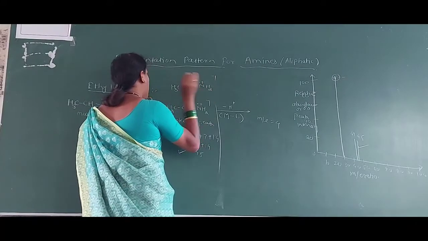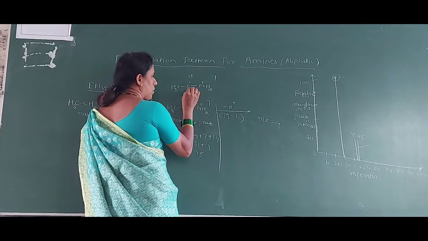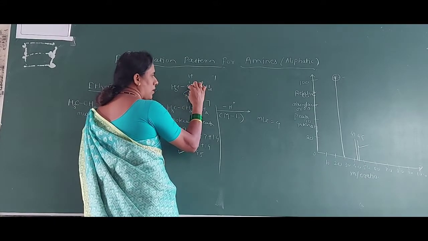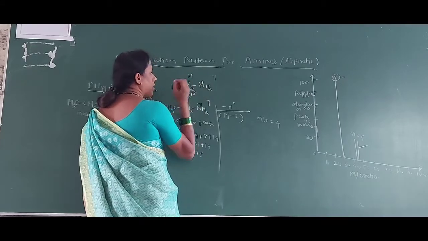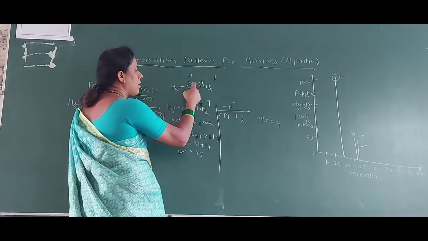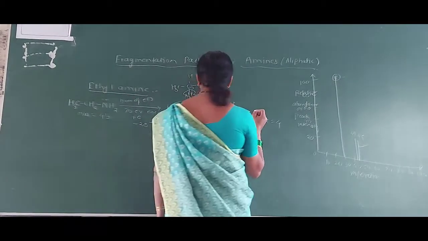Now what of the electron of this bond formation? This bond requires how many electrons? That is equal to 2. One electron goes from here, one electron goes from here. This one electron and this positive charge, there is formation of this bond that is equal to a double bond.